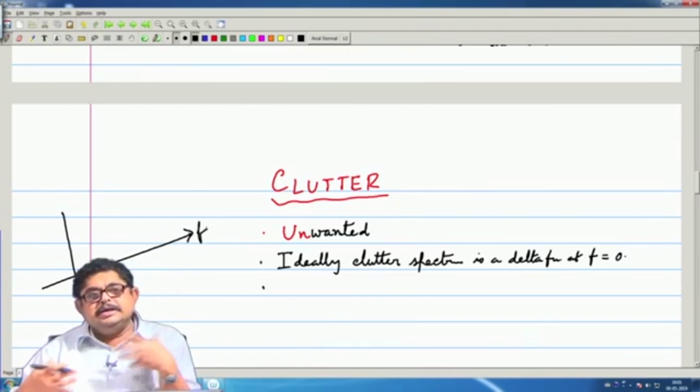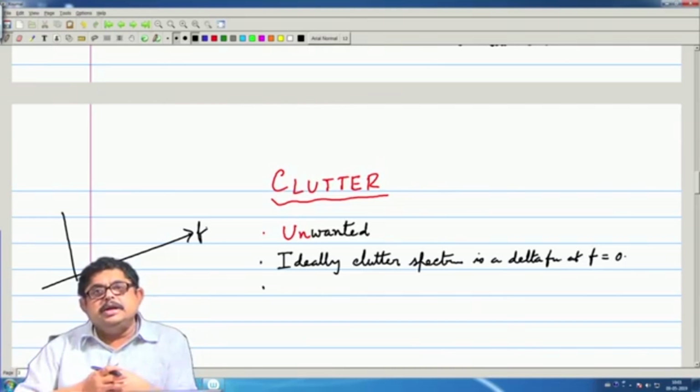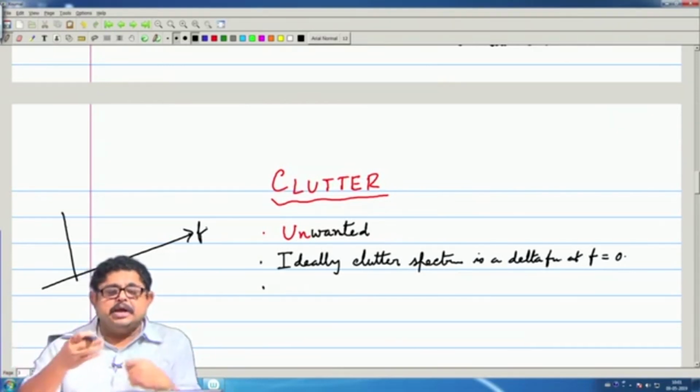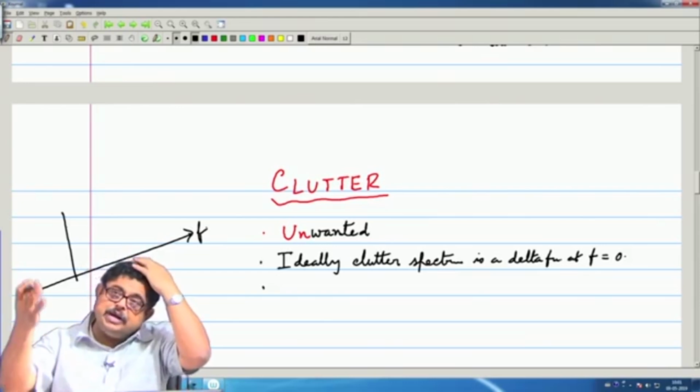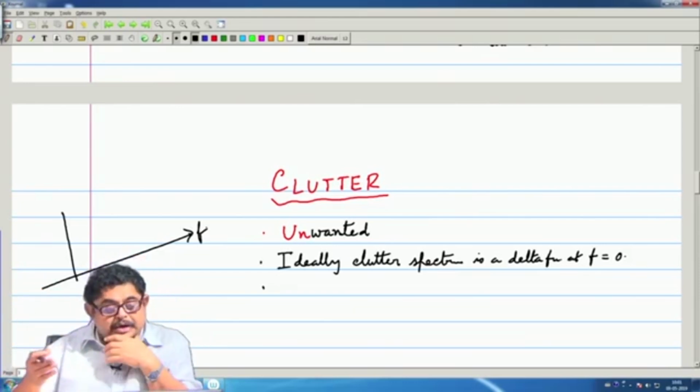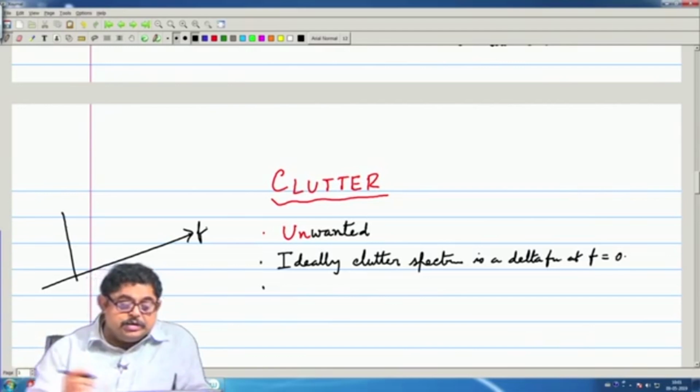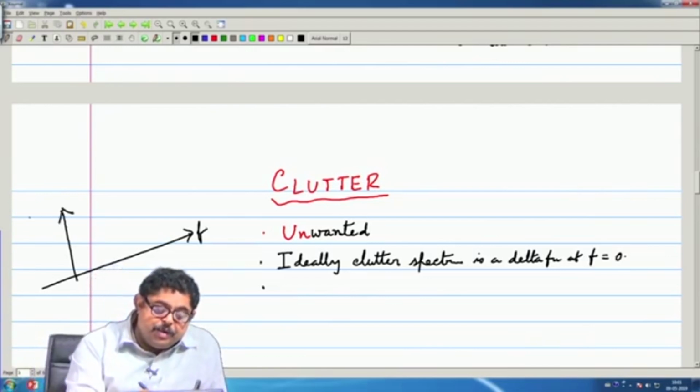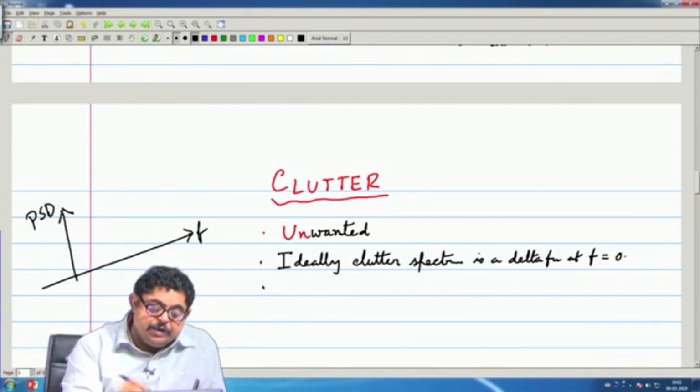Also, the clutter is random. So, we can model it with a random process: sometimes I will see the clutter, but definitely I will always see the clutter. So, it is a random process, and that means its spectrum will be the power spectral density.